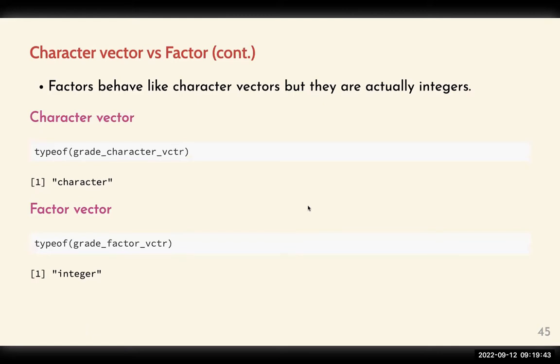Factors look like character vectors, but they are actually integers. The values are stored as integers and each integer has a label. If you use the typeof command with character vector, you will get the output as character. If you use typeof command with factors, you will get the output as integers.